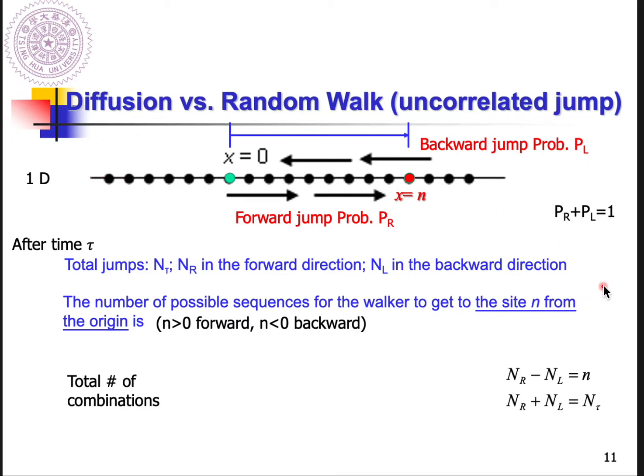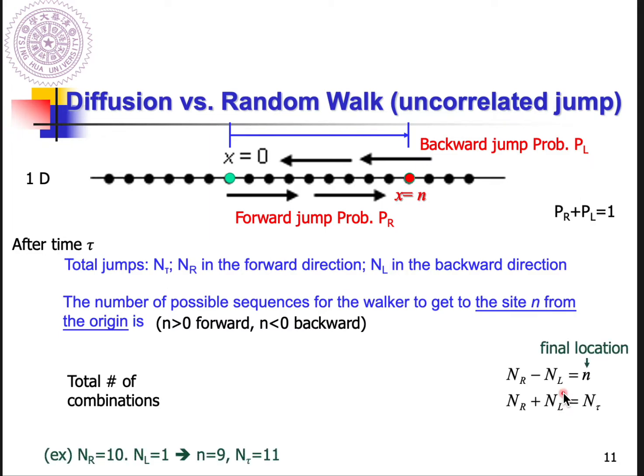So we have some relationships between nR and nL: nR plus nL is nτ, right? The total number of jumps equals nR, the number of forward jumps, plus nL, the number of backward jumps. And because finally the atom arrives here, nR minus nL equals n. So based on these two equations, we can get nR and nL, right?